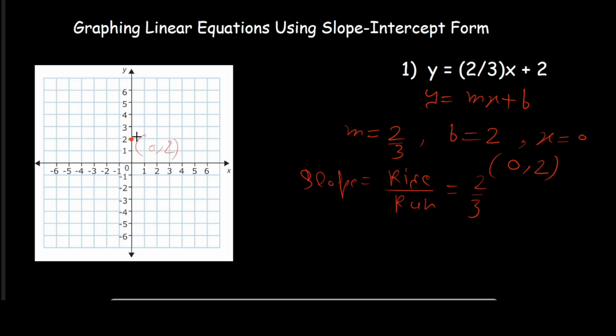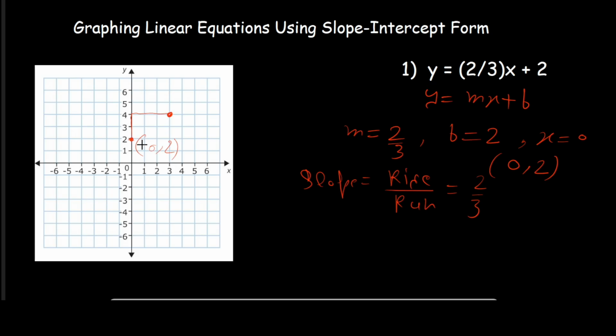So we start from this point. The rise is 2 units, which means we go 2 units upside, and the run is 3 units, which means we go to the right side 3 units, which gives this point.